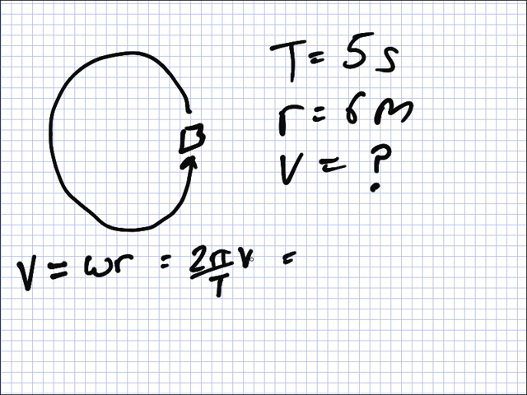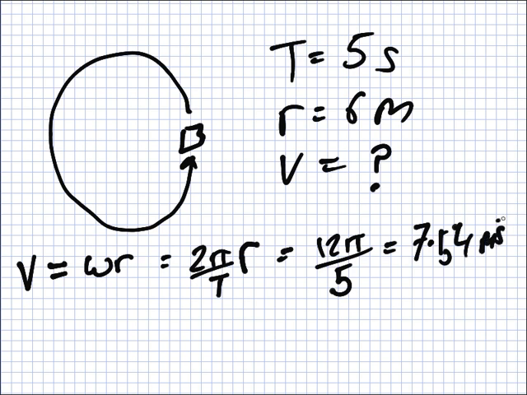Right, r is 6, so that's 12 pi over 5, isn't it? And this comes out to be 7.54 meters per second. So the car is travelling at a speed of 7.5 meters per second. Is that okay? Yeah?